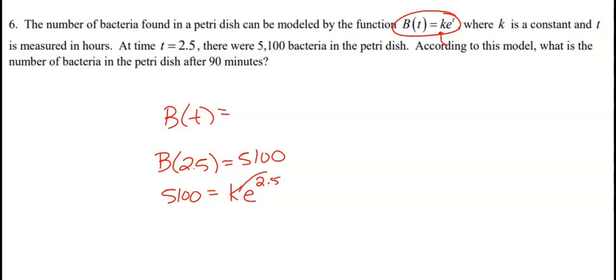Okay, well, this is just a number. We can figure out what that is, or so that we don't have rounding issues, we can just divide by e to the 2.5. Okay, once we do that, we end up with k equals, let's figure out what that is.